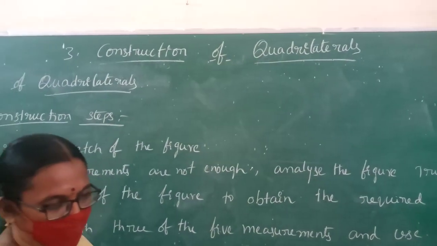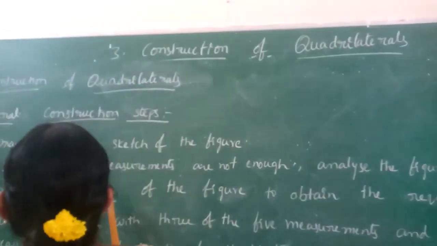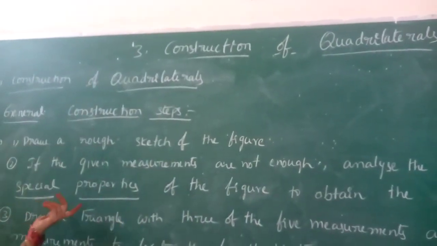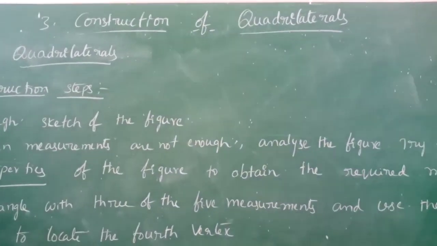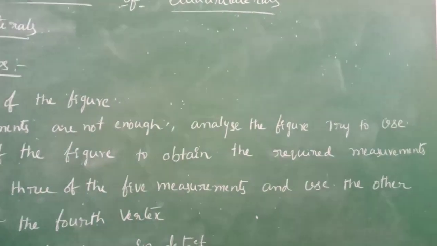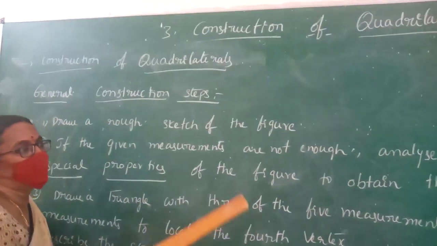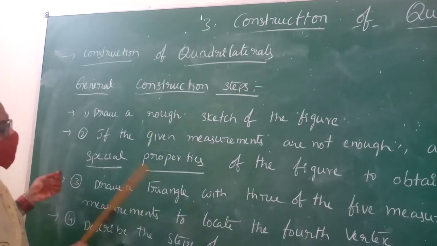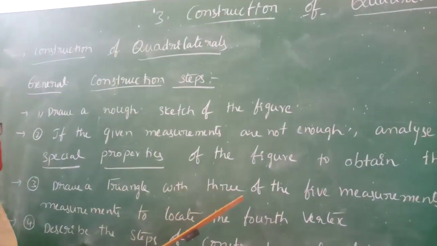First we check the figure. Which figure is given? You can analyze the figure. Try to use special properties. Is that figure a special one like a parallelogram, trapezium, rectangle, square? Then what are the remaining measurements you can obtain using the special properties?